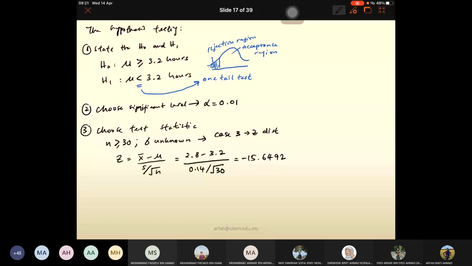Saya ambil 4 titik perpuluhan pula. Pada sini choose test statistik Z, and then yang keempat critical region.